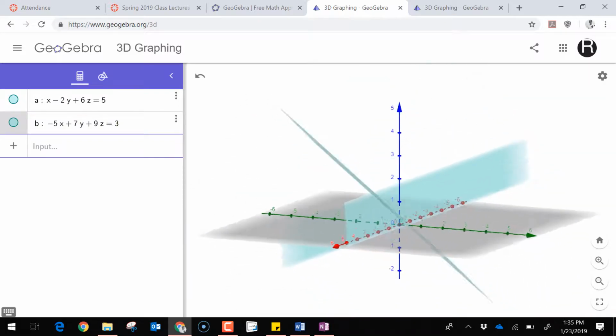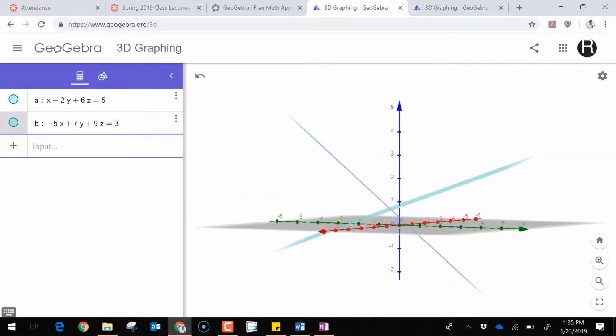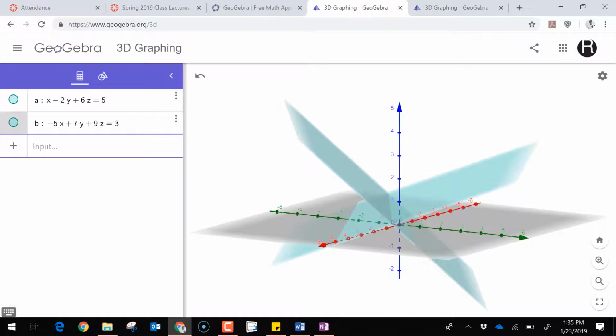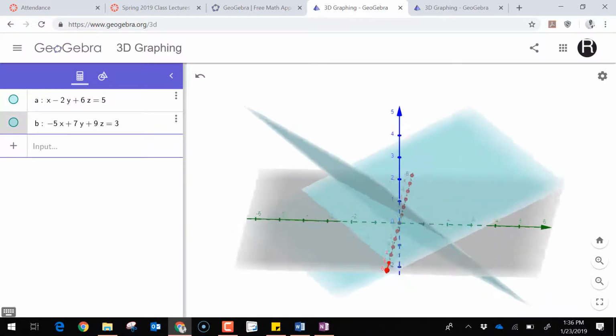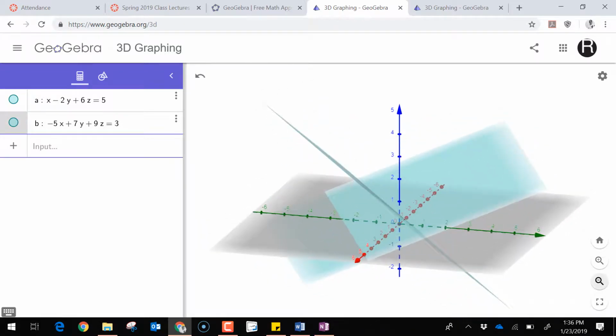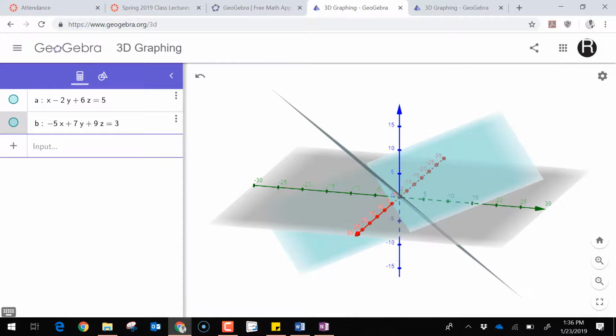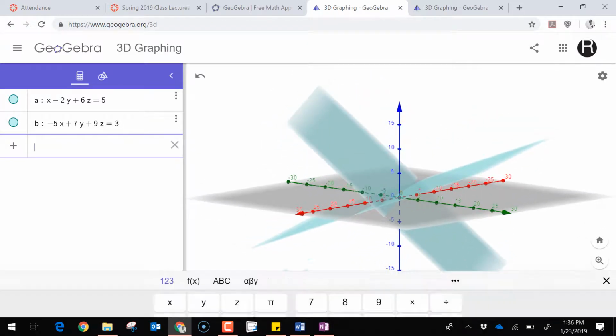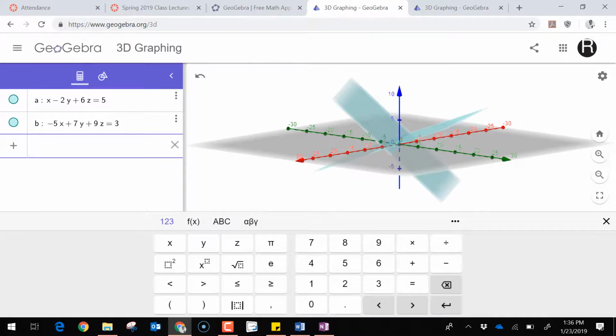So we see that these two planes no longer hit the origin. They've been shifted. So that's out. We can't use that. That's not a solution anymore. And that point wasn't a solution anymore.